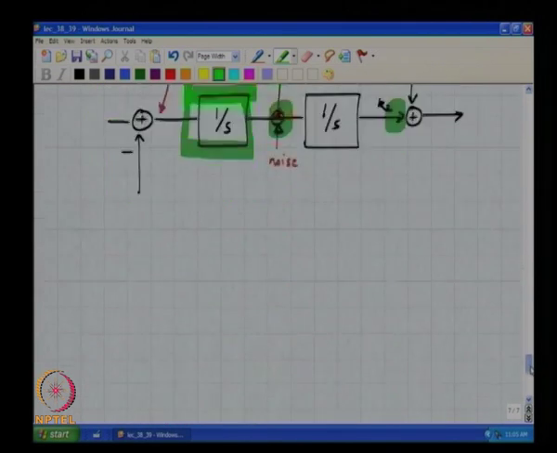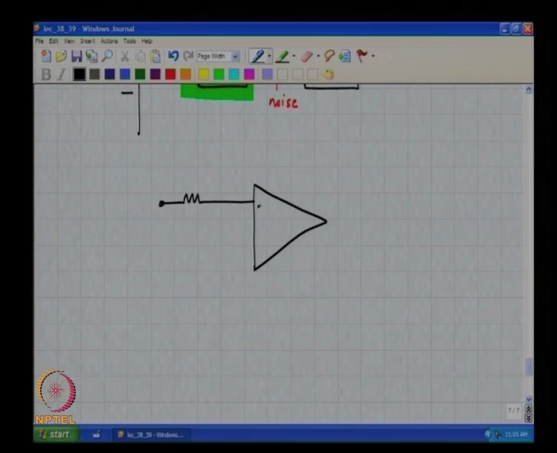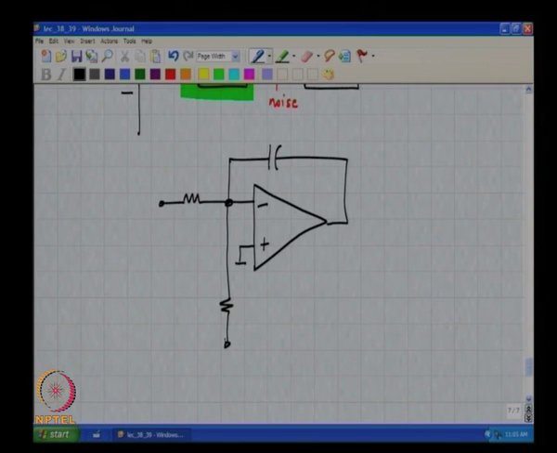And what do you think is the input referred noise of this integrator? Since we said that the noise of the op amp is negligible, let us assume an ideal op amp to begin with. All right.